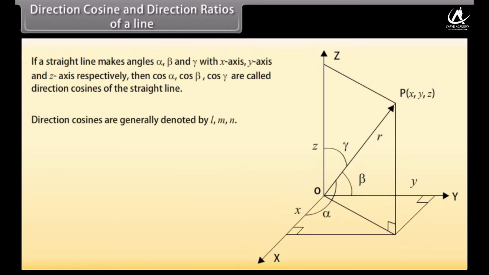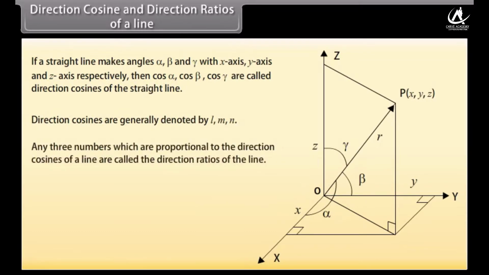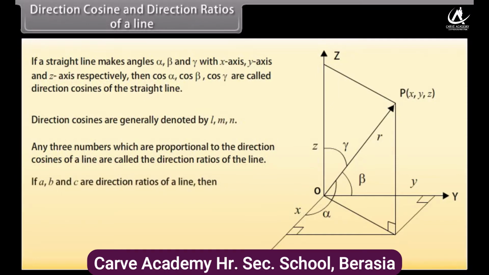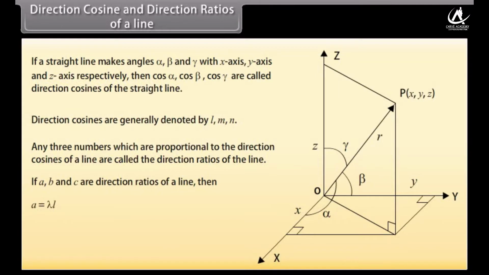Direction cosines are generally denoted by L, M, N. Any three numbers which are proportional to the direction cosines of a line are called the direction ratios of the line. If A, B, and C are direction ratios of a line, then A equals lambda L, B equals lambda M, C equals lambda N.